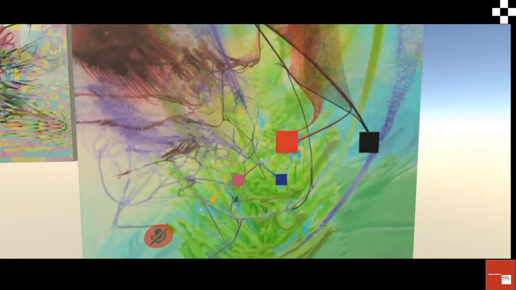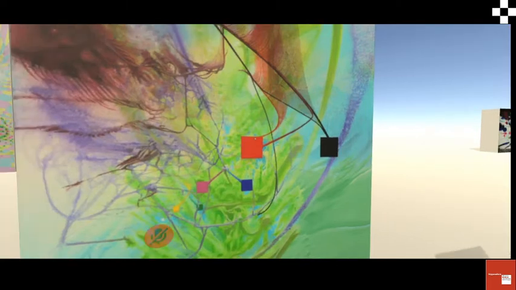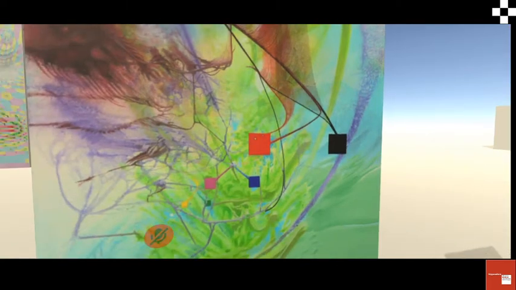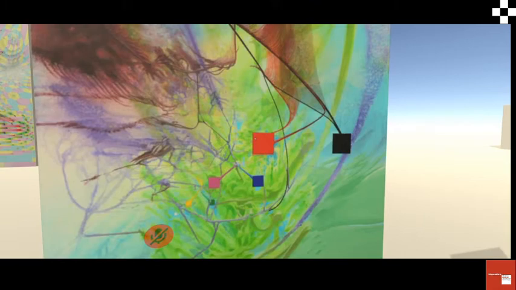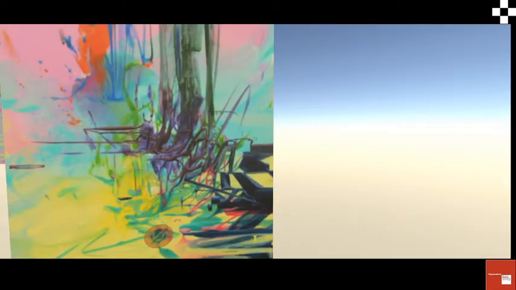Like here, red plus black is dark red, violet from magenta and blue, and so on. These are really simple additions.